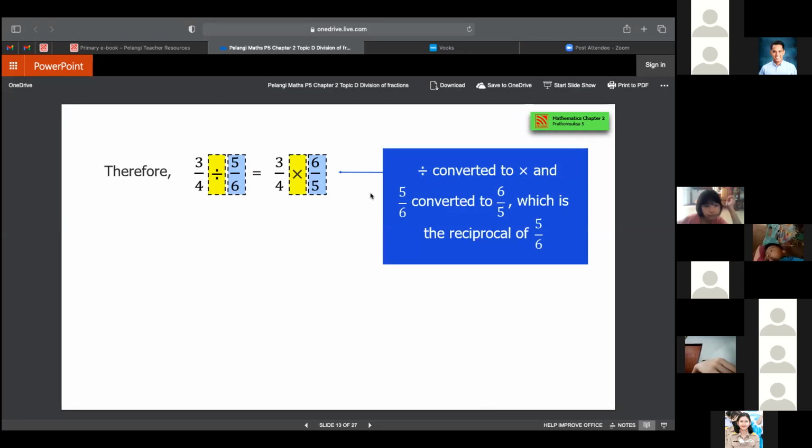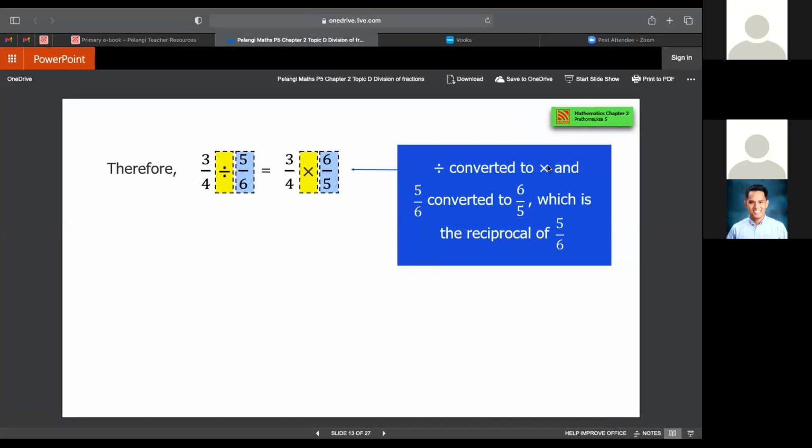So division is converted to multiplication, divided by is converted to times, and 5/6 is converted to 6/5, which is the reciprocal. So the answer now: 3 times 6, 4 times 5 is equal to 18/20. Simplify, the answer is 9/10.